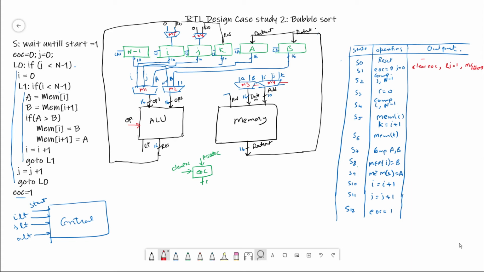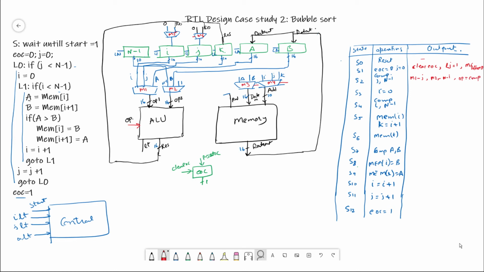For the next state, S2, we need to compare j and n minus 1. So M1 will select j, M2 will select n minus 1, and the operation would be equal to compare.